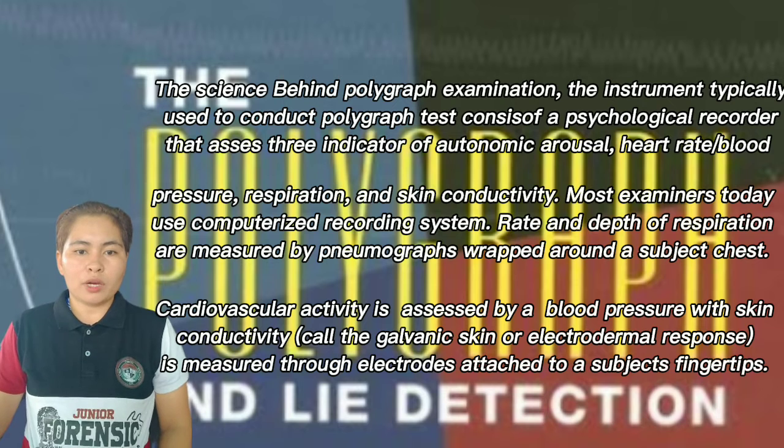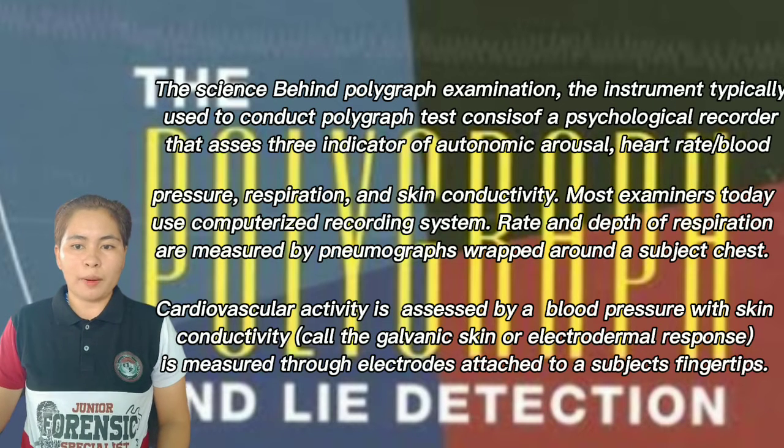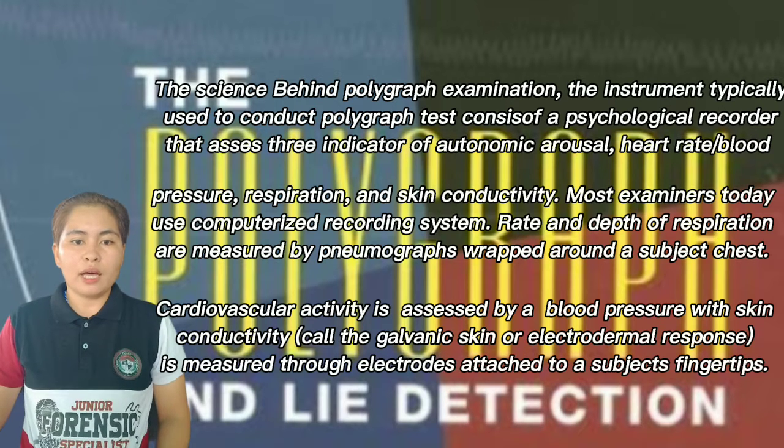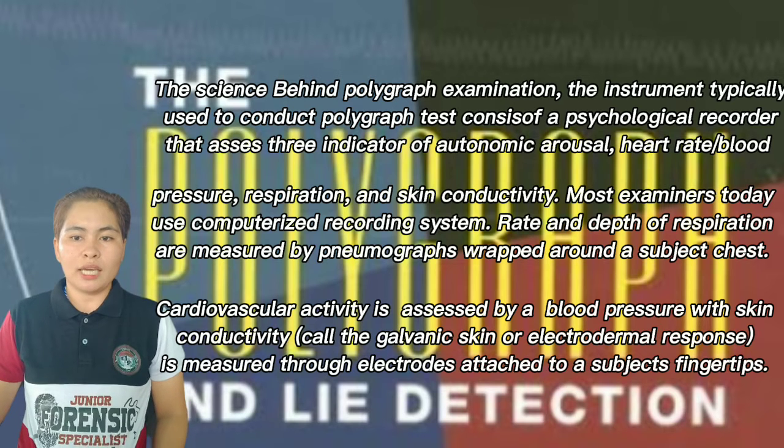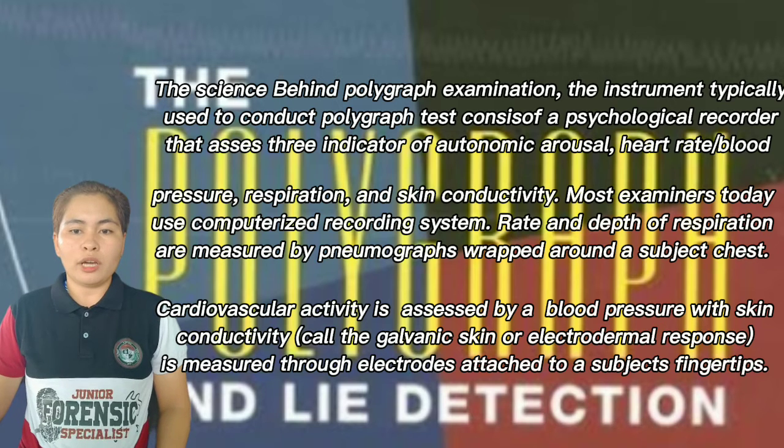Rate and depth of respiration are measured by pneumographs wrapped around a subject's chest. Cardiovascular activity is assessed by a blood pressure cuff, along with skin conductivity, called the galvanic skin or electrodermal response. It is measured through electrodes attached to a subject's fingertip.